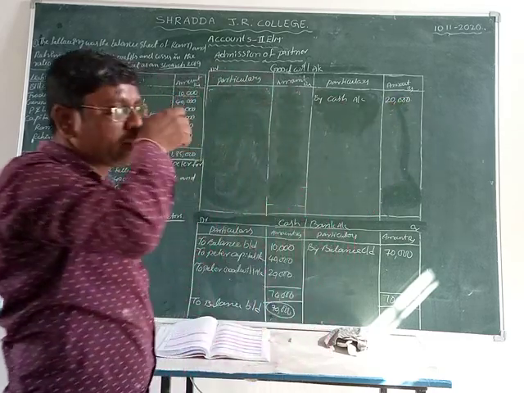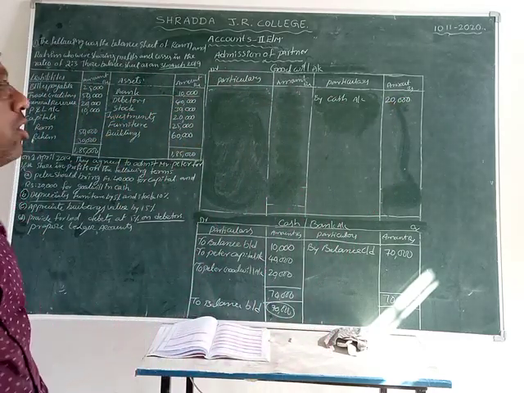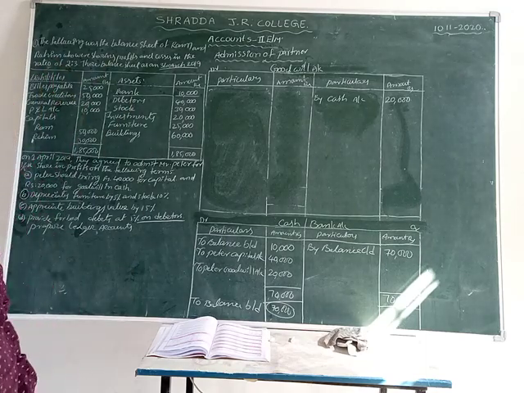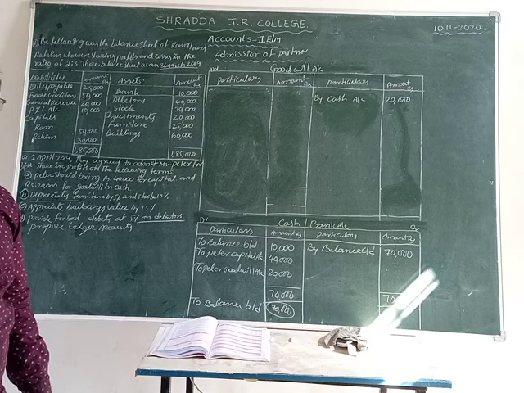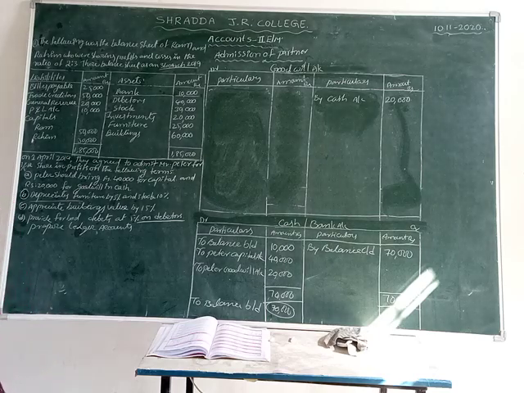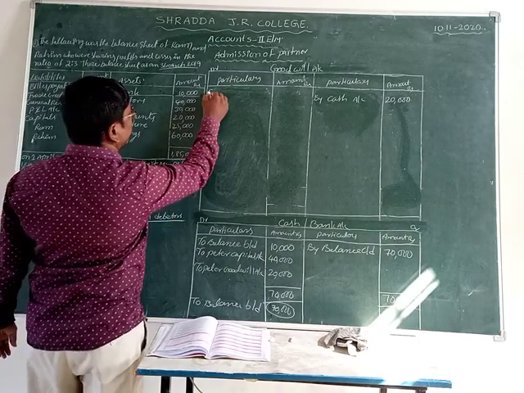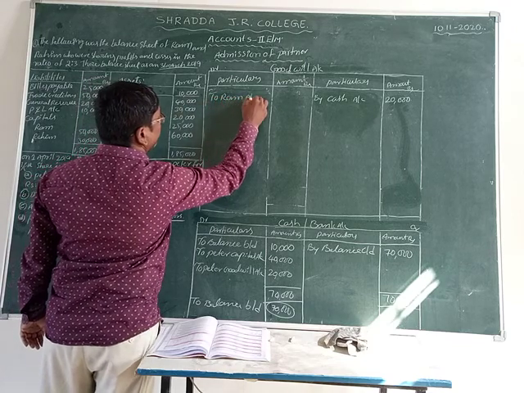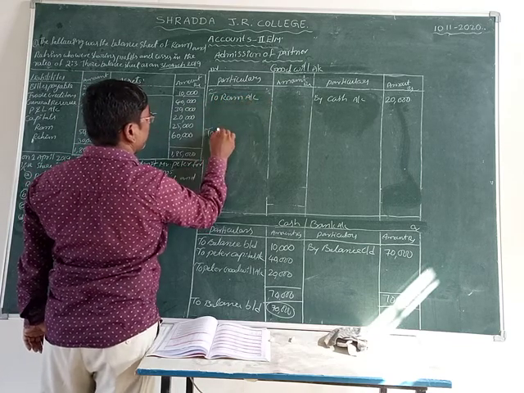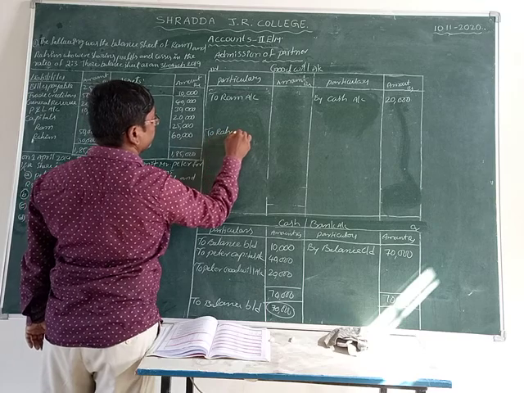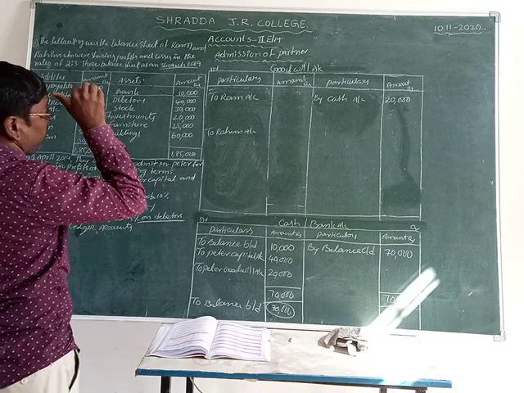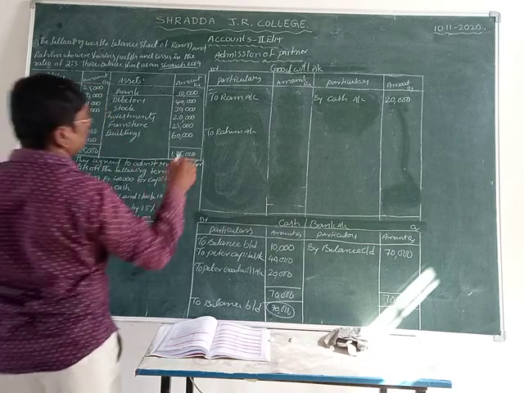This 20,000 rupees goodwill we distribute to the old partners in the profit sharing ratio. Who are the old partners here? To Ram account and to Rahim account. How do we distribute that?